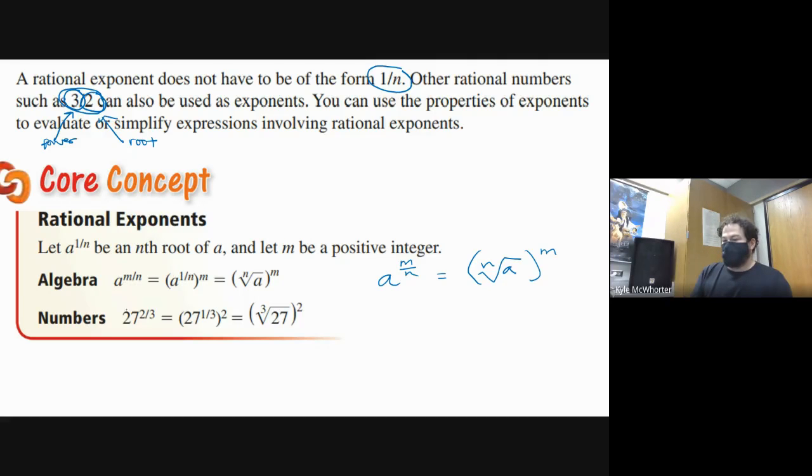For an example with a number, 27 to the 2/3 power: with the 3 on the bottom, that's the cube root. And the 2 on the top is the exponent, the power, right? So the cube root of 27 is 3, and then 3 squared is 9. So 27 to the 2/3 power is 9.